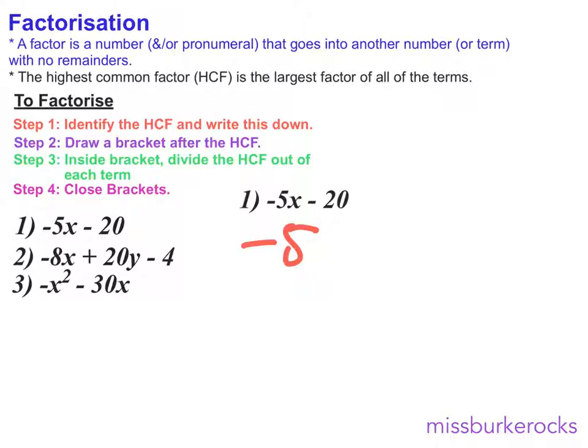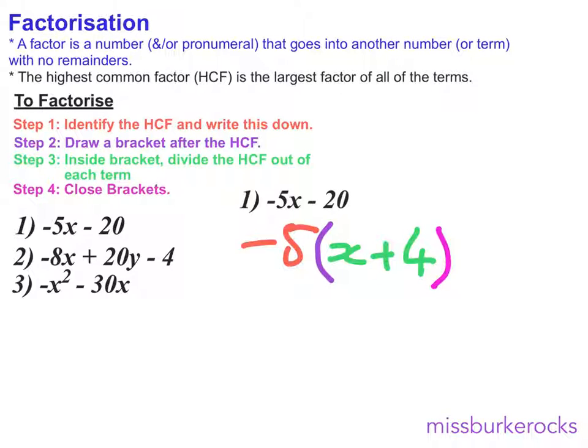Then we go open bracket. We want to divide out that highest common factor. So negative 5x divided by negative 5 leaves me with x, and negative 20 divided by negative 5 leaves me with positive 4. And then close brackets.